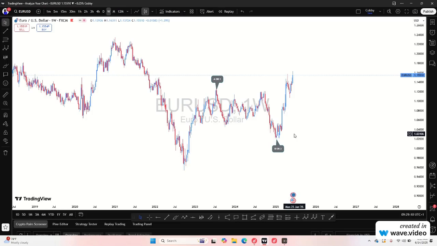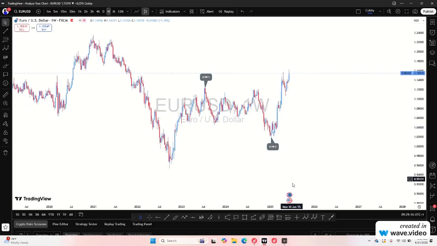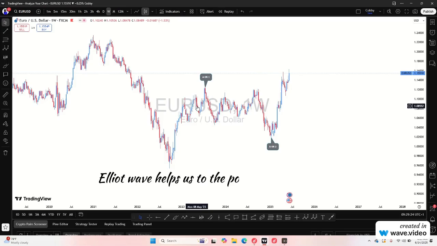If you are not an Elliott wave structure analyst, you're going to find it a bit complicated. We use the Elliott wave to place ourselves in the position of the market, to know where price is exactly, and how the massive moves are going to happen.